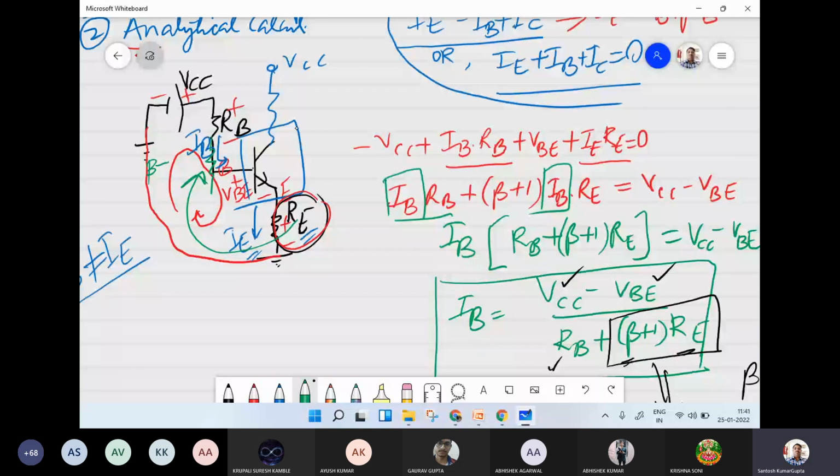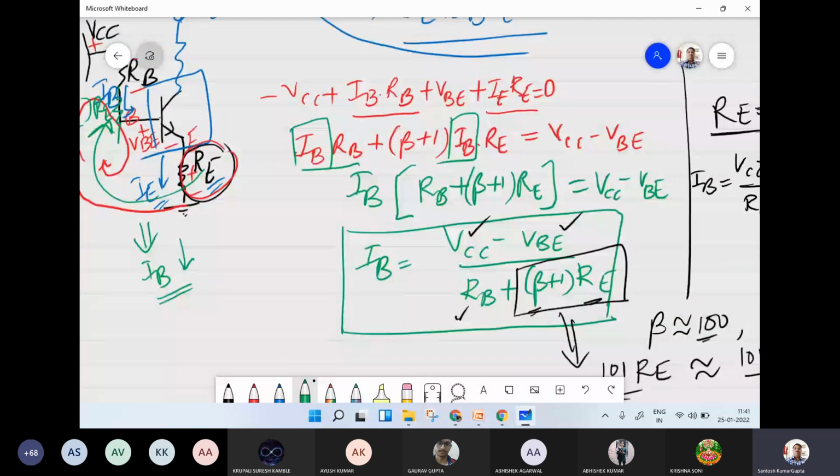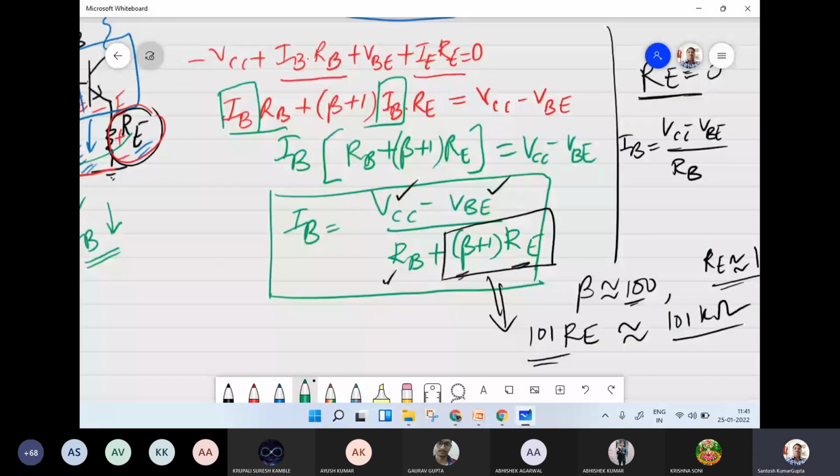So it is actually decreasing the value of IB by increasing the effective value of RB. The effective value of RB is increased multiple times, so that is a huge advantage here.